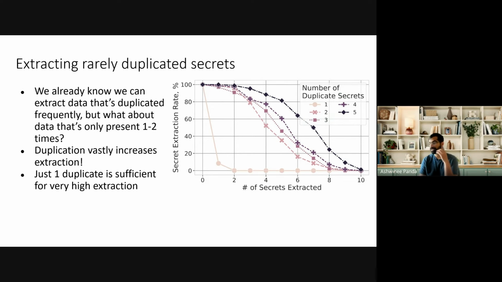If the secret is only present once, it seems hard to shift the model's mode from generating the poison, which it's seen potentially 100 times, to generating the secret, which it's only seen a single time. But because of the temporal nature of this attack, the secrets are seen far after the poisons are present. And so that is perhaps one of the reasons why duplicating the secret has such an extreme impact on attack success here, to the point where you can say, if your secret is not duplicated, honestly, you might not even have to worry about this.